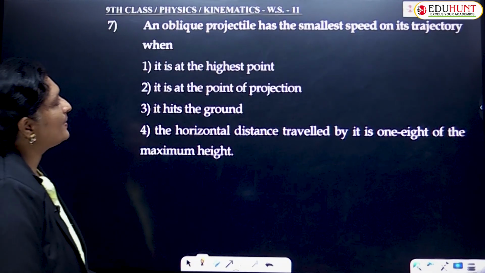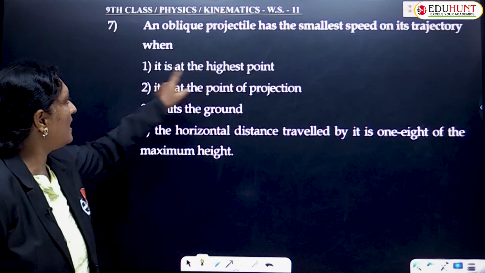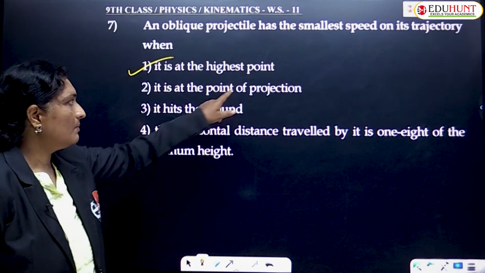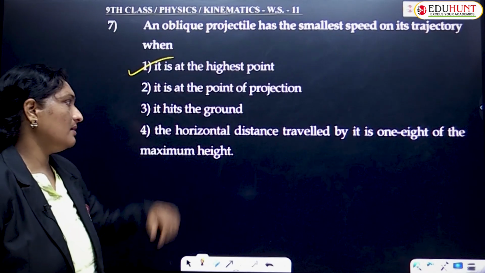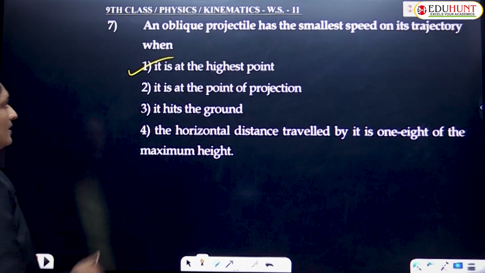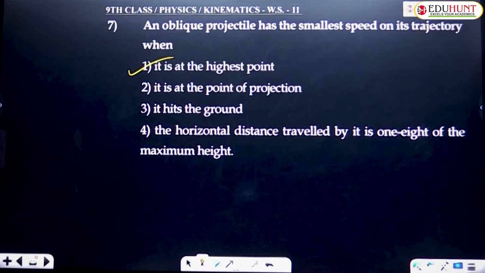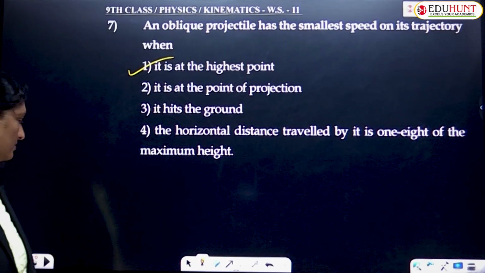So the smallest speed on its trajectory is at the highest point. At the point of projection it has maximum velocity. At the highest point, its speed is 0.